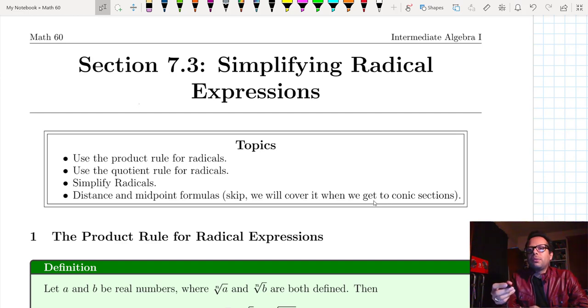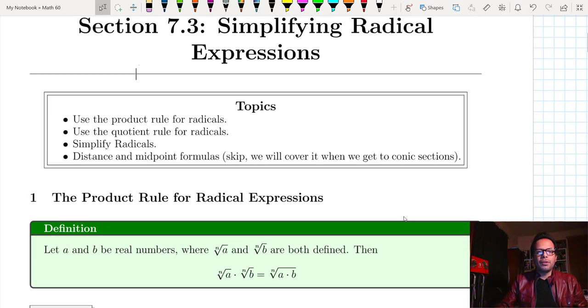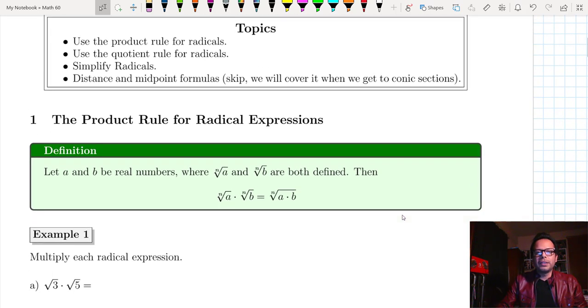And then we were looking at different properties of radical expressions to play back and forth between radical form and rational exponent notation. Today, in this video, we are going to learn how to simplify radical expressions using the product rule and the quotient rule, right?